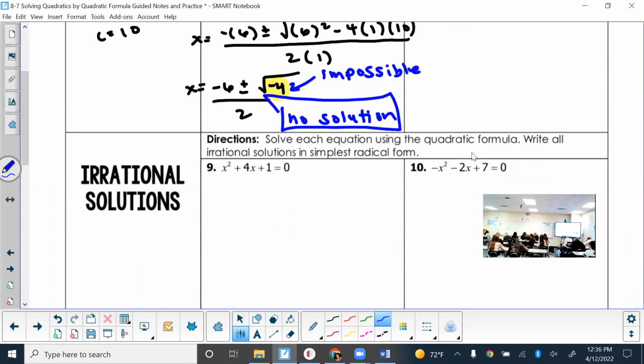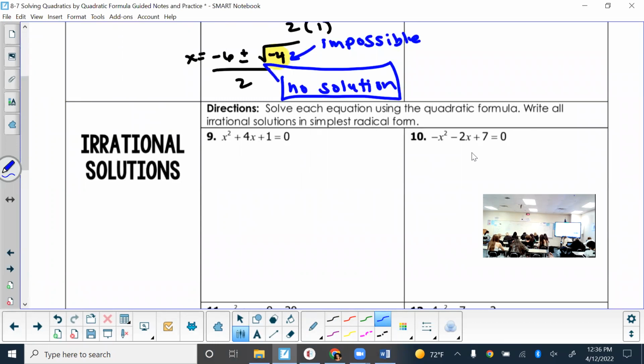All right, let's quickly do this number 9. We'll do more examples tomorrow, but let's just get it over with. Irrational solutions. That means that there's going to be what in my answer? Radicals, non-perfect squares. So like in number 9, what's A? What's B?